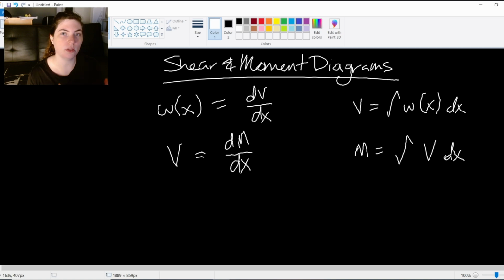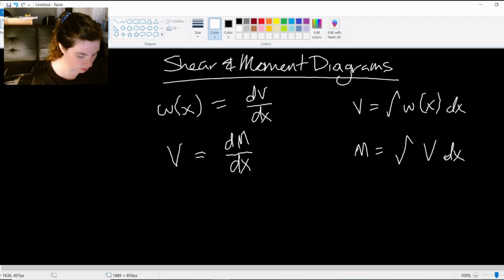So a couple more relationships we'll touch on before we see how we apply these in a shortcut manner are some basic rules of how we can look at applied forces and moments and recognize them in the diagram.